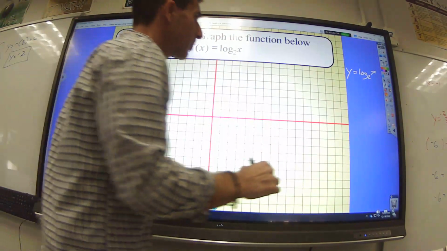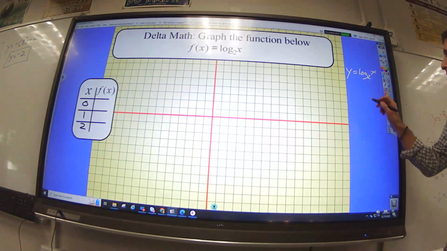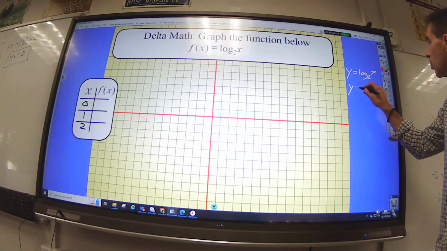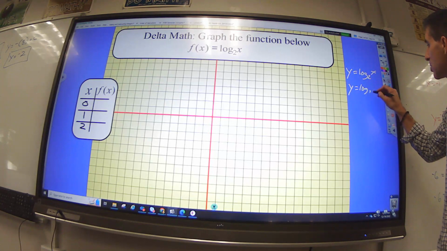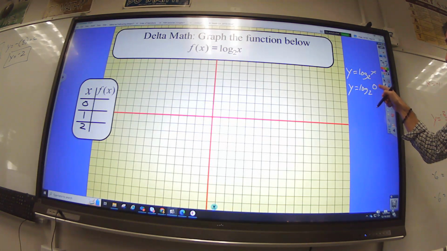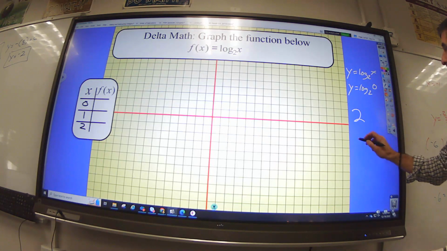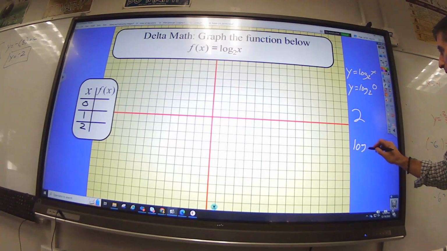If x is 0, whoops, I'm in the way. I'm writing, so I'm in the way. Write it like this, sorry. If I write y equals log base 2 of 0, remember, this is my base, this is my equals, this is my exponent. 2 is my base, and log base 2 of 0 equals x.